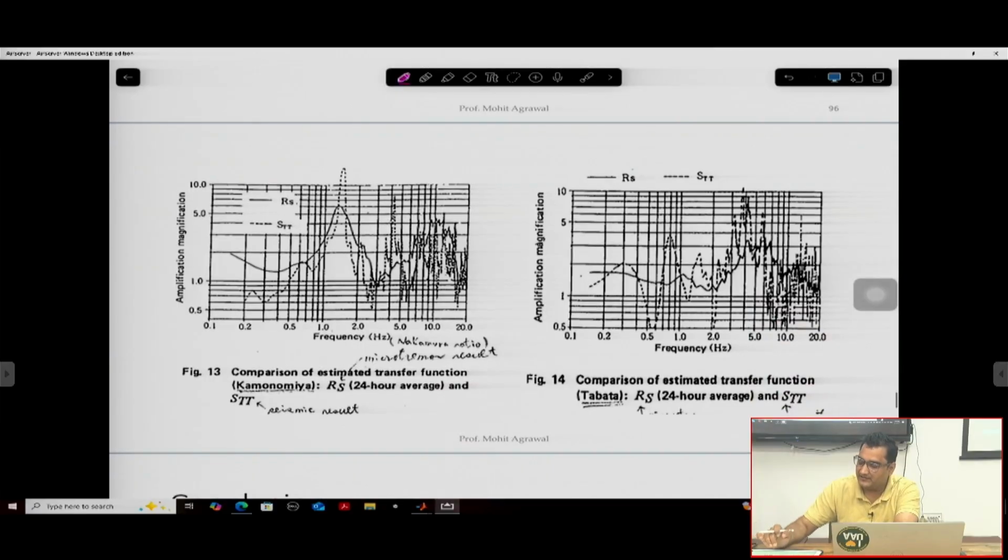Okay, now the same thing they have proved by taking the other data transfer function. So they have shown here also that the transfer function is basically nothing but the ratio of horizontal to vertical spectrum.